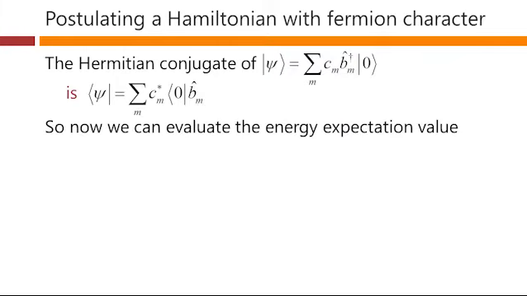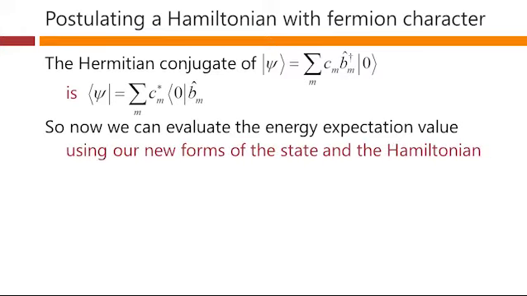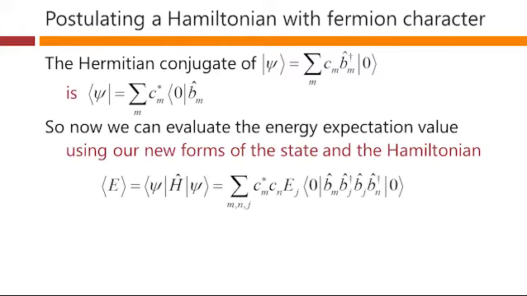So now we can formally evaluate the expectation value with our new form of the Hamiltonian, which we hope is going to work here. So we've got our new form of the state and we've got our new form of the Hamiltonian. So let's work it out. We're putting in our new form of the Hamiltonian. We've got our new ways of writing these states here.